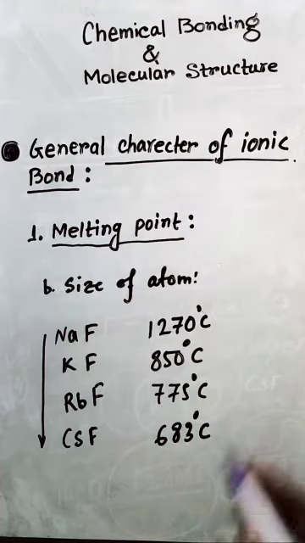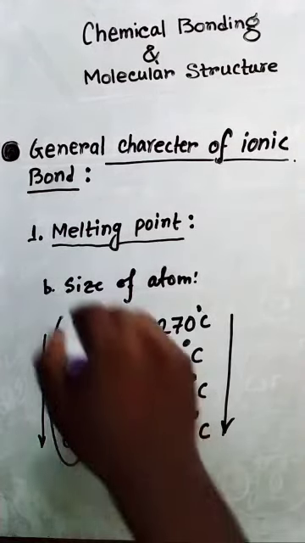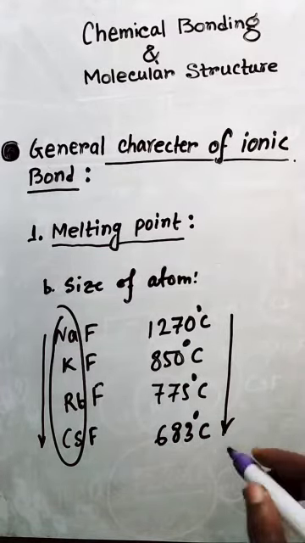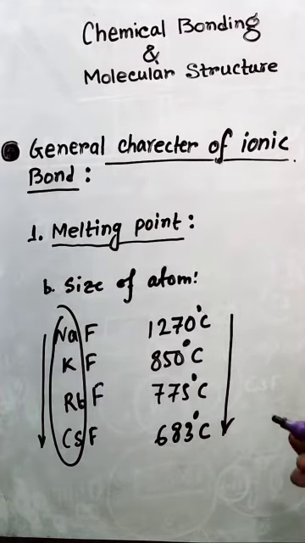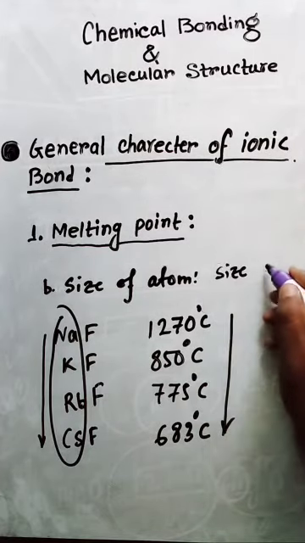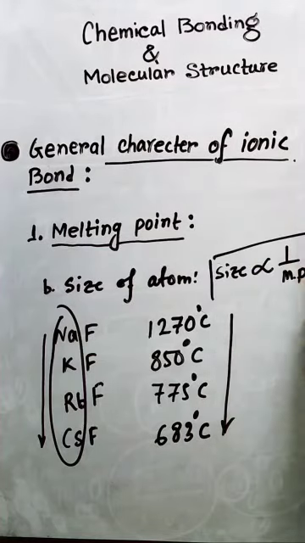Then you can easily notice that as you move from top to bottom, the size of the cation increases, the attraction force between cation and anion decreases, and the melting point also decreases. So we can say if size increases, then melting point decreases. So size is inversely related to melting point.